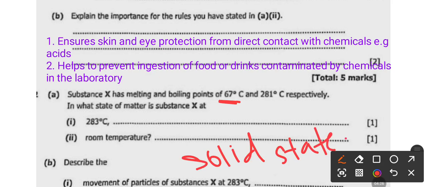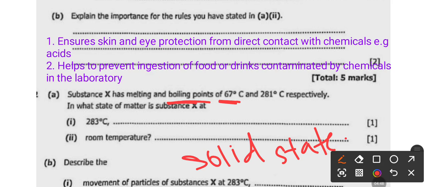Then we have another word here, which is boiling point. We know that by definition, boiling point is the constant temperature at which a substance changes its state from liquid to gas.